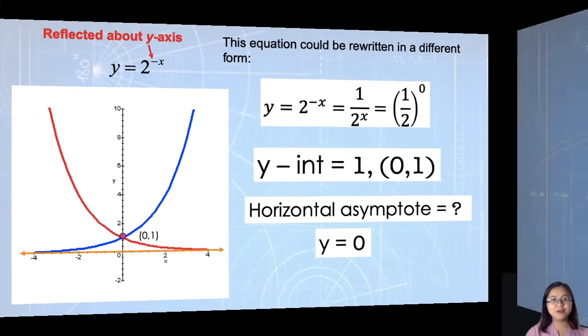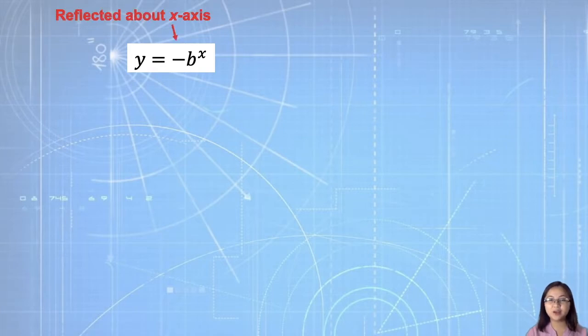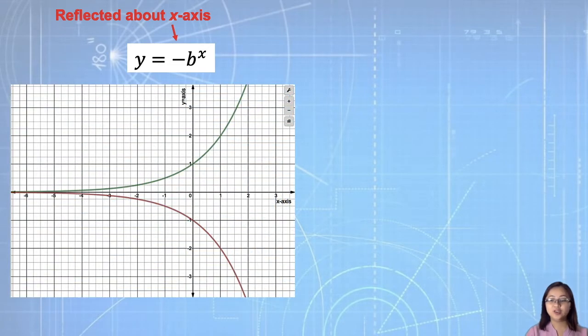Let's have another form of function. Let's have y is equal to negative b to the x. This time, it's reflected about the x-axis. So we have this graph. The base here is not negative. It's the exponential expression itself.